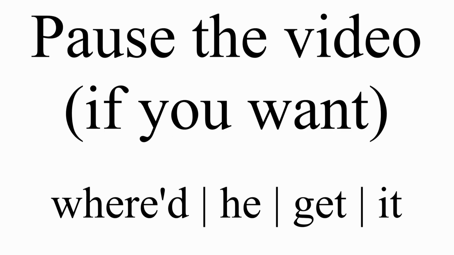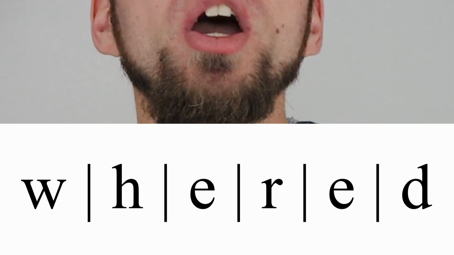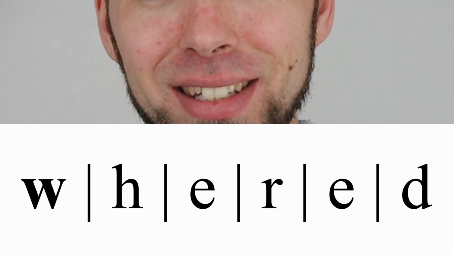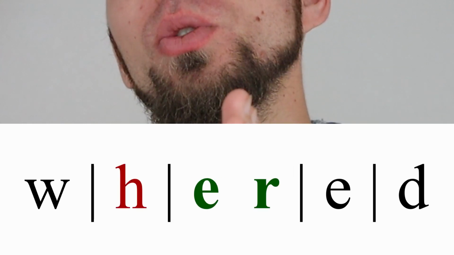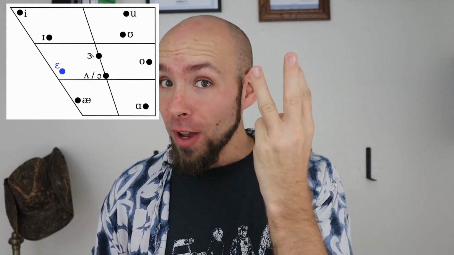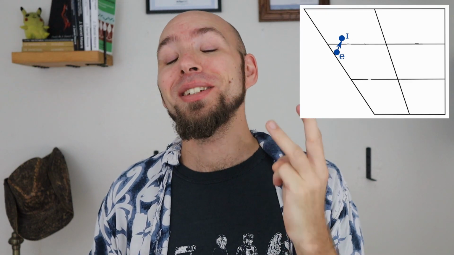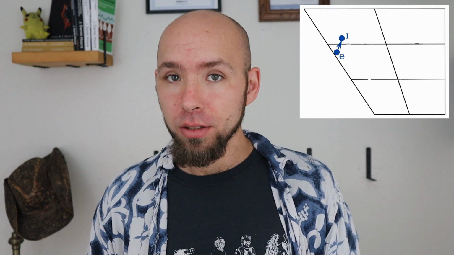Let's move on to the basic sounds. I will give you a moment to pause the video if you want. First word, we have where'd. And we're going to include that apostrophe D at the end there. So we have many letters here. We're going to start with the W, the W consonant sound. We're going to move to air, which could either be the 3rd vowel R colored or the diphthong A R colored.